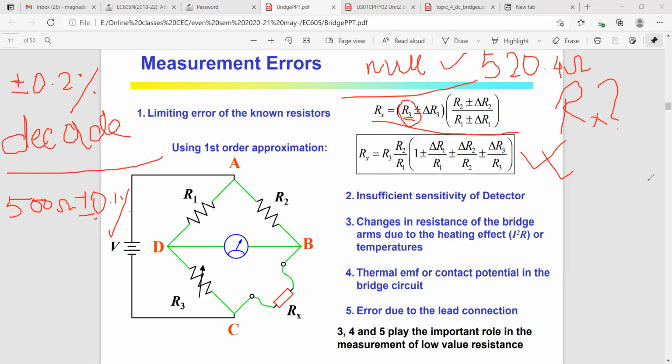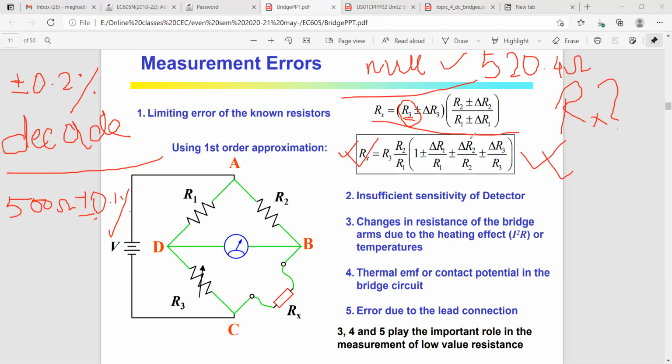So what you have to do is apply this error equation shown in the PPT and put in the values. In the problem, all the values are provided. R3 is 520.4.